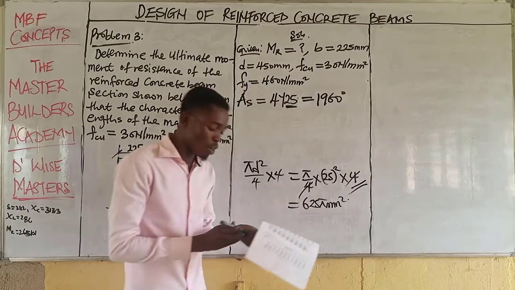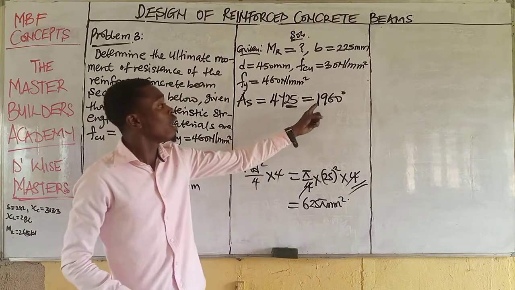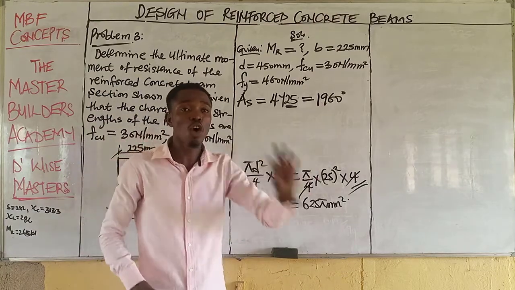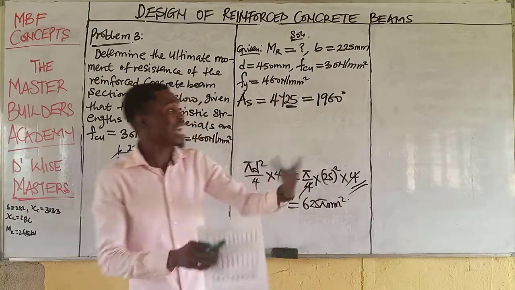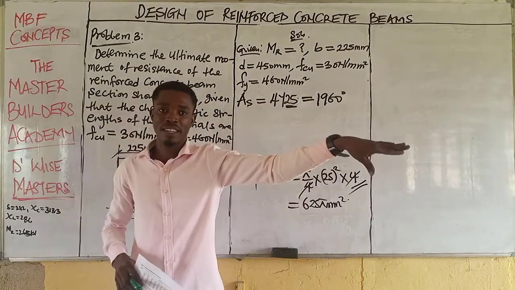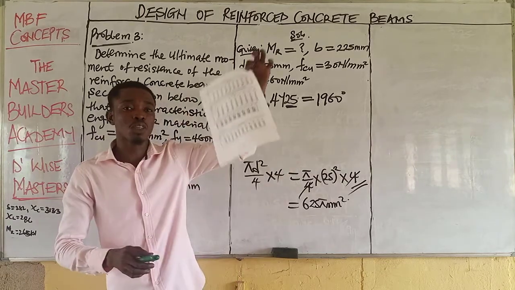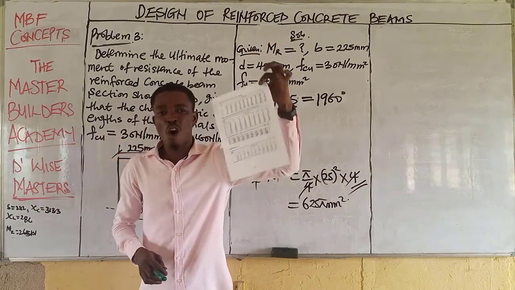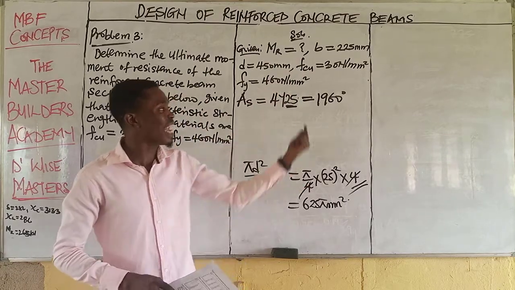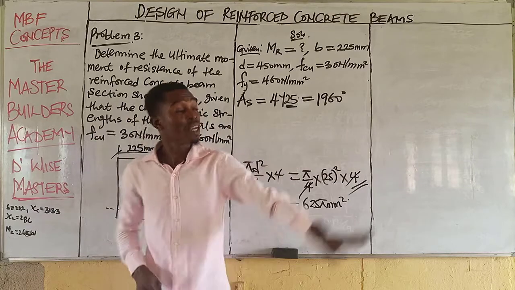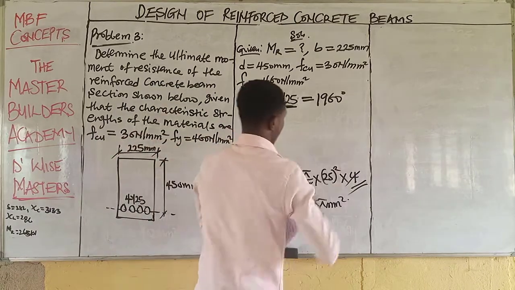Prior to this question, in question number 2, we understand that when we have an area where we have 1901, all we did was to go to this table and provide an area that was actually 4Y25. Now, we are given 4Y25. All we need to do is to go to this table and trace out 4Y25. And when we trace out 4Y25, the equivalent area of the reinforced member is 1960 millimeters squared.